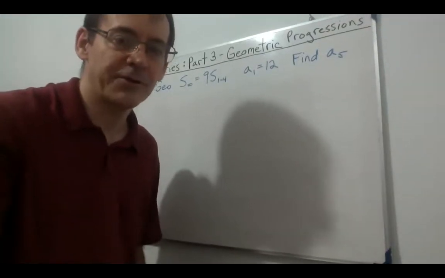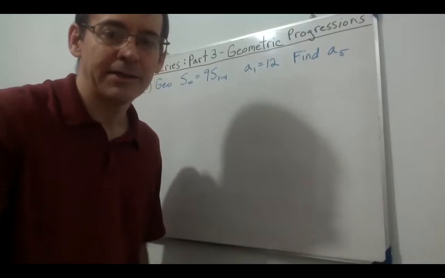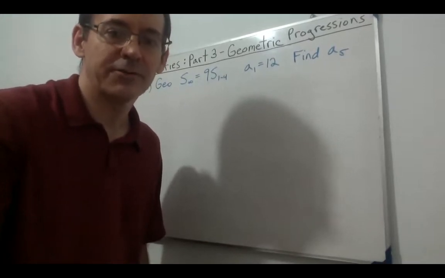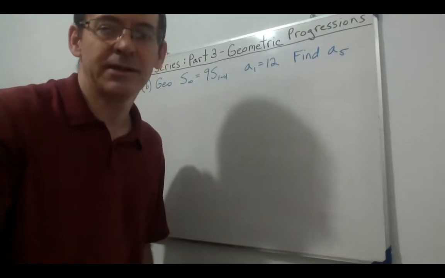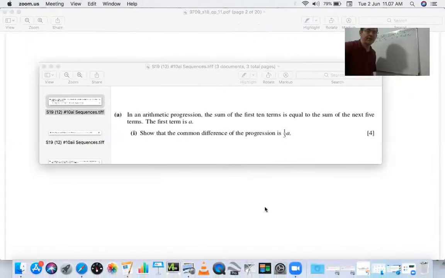Okay, here's our first example. And just in case you forget, let me share screen so that you can see what we did yesterday. And here's the question that we had yesterday, in the part 2. It said, in an arithmetic progression, the sum of the first 10 terms, and we did that.